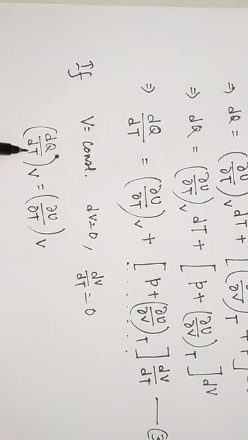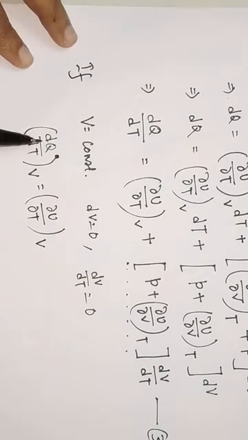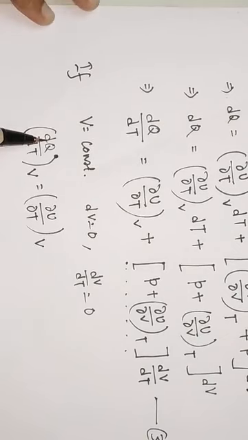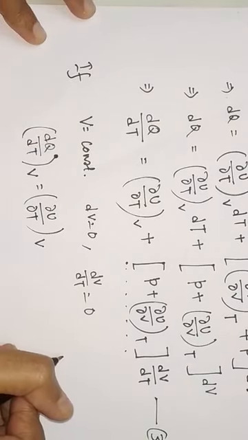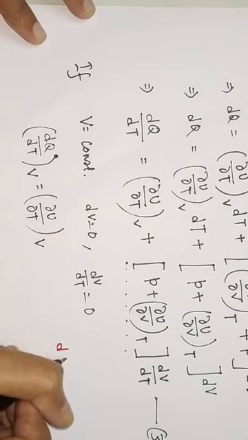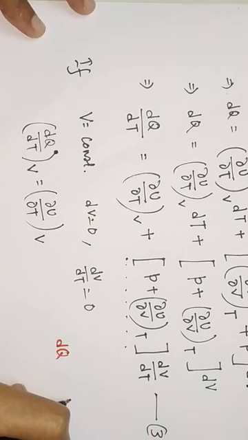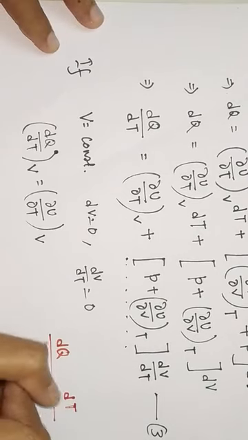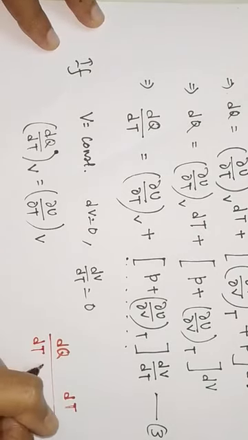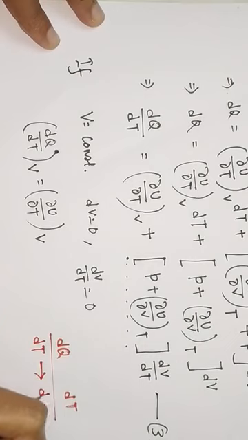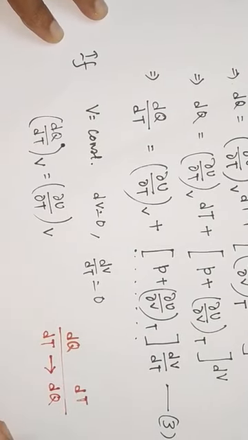Now what is dq dT at constant V? If dq amount of heat is absorbed by some system, which results in an increase in temperature dT, then dT is the increase in temperature due to the absorption of heat of amount dq.